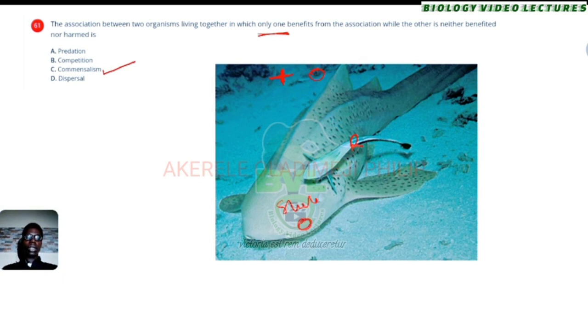So the shark is the zero, which neither gains nor loses or gets harmed, while the remora fish is gaining. How? When it moves with the shark, the predators don't get to kill it. Some of the chunks of food from the shark can actually feed it. Then also it moves, so it doesn't have to use its energy to swim. The strength of the shark just propels it and carries it along with itself. All right. So basically, that's commensalism.